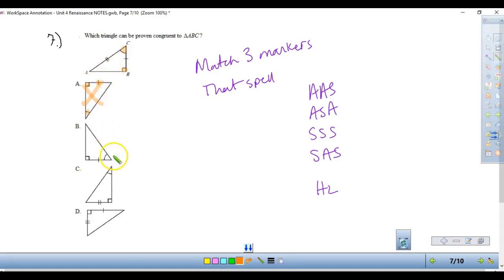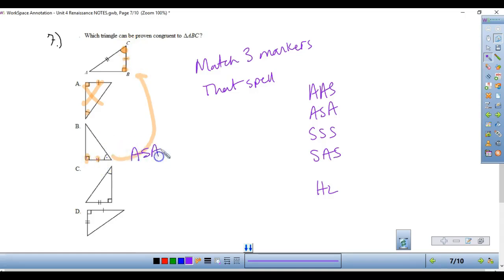If I rotated this one all the way up there, then this angle would match, this side would match, and this angle would match. So that looks good. I have to make sure that it spells something legal. So that would be angle, side, angle, and that does work. So it would be B. B would work because of angle, side, angle.